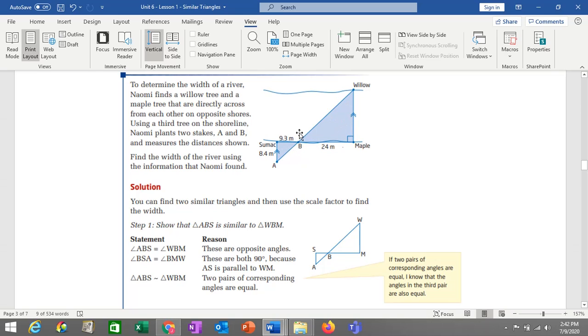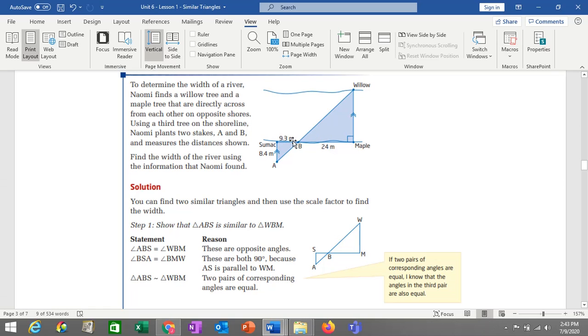Your hypotenuse will line up. That's kind of key, right? You have to rotate this all the way around for this hypotenuse to match up with that one and for your right angle to match up there. Okay, so that means that BM and BS are proportional.